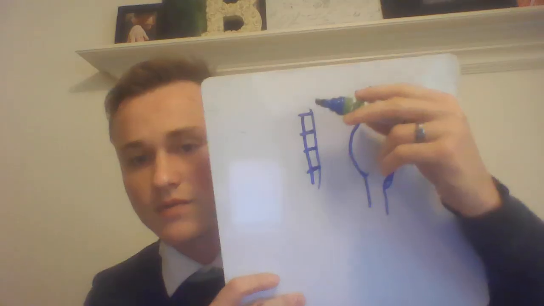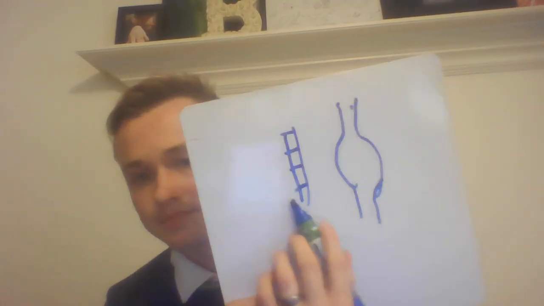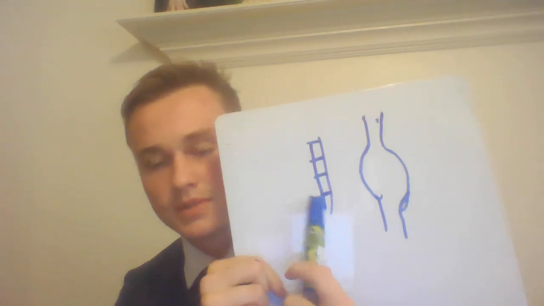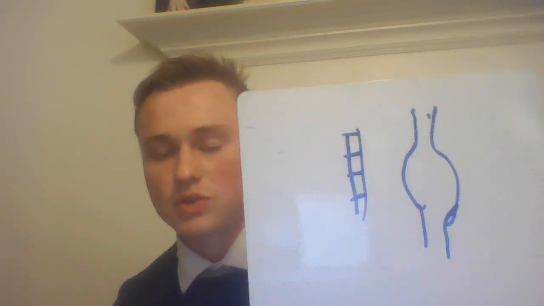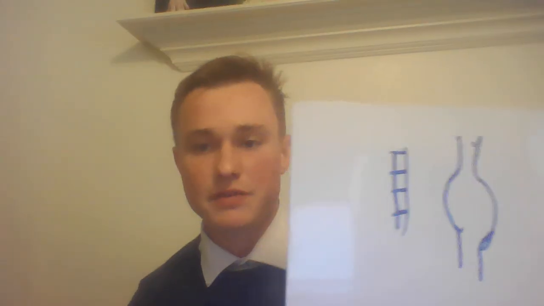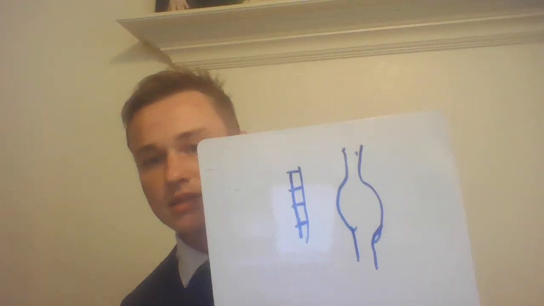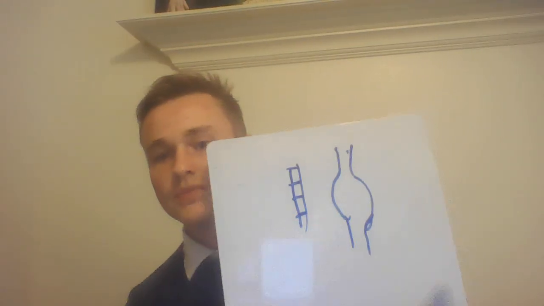So we have the chain and the bag. Both of these are what are known as intrafusal muscle fibers, which means they're purely for sensory or reflex purposes. But what they do is the chain will sense a stretch.